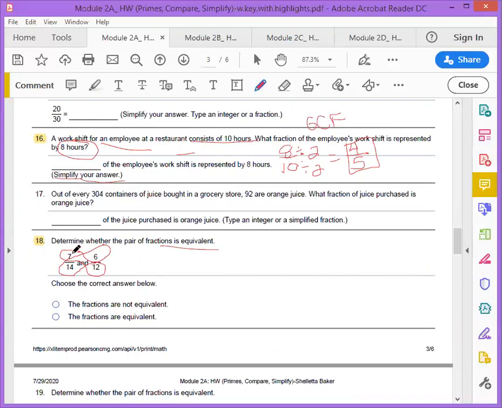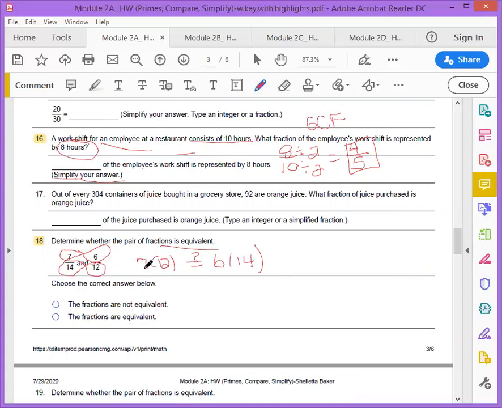What we're checking for is to see if when we multiply 7 times 12, do we get the same multiple that we get when we multiply 6 times 14? So you'll just multiply the terms that are diagonal to each other, and I'm putting a question mark here because we're checking to see if those two numbers are equivalent. If they are equal to each other, then we'd say yes, these fractions are equivalent. If they are not equal to each other, we'd say no.